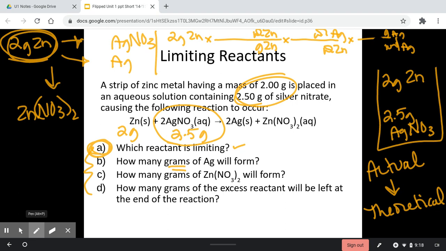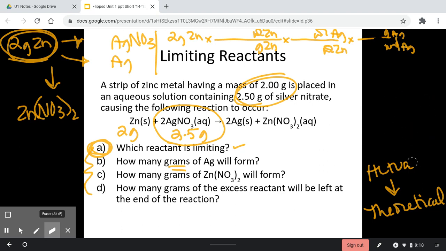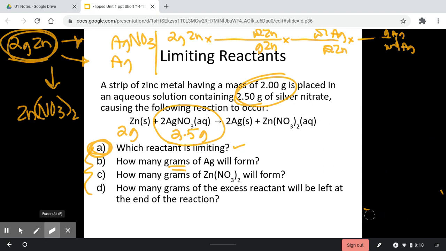That's really, really important. Okay, so now to figure out what reactant is limiting, you can do this a bunch of different ways. You can calculate from the amount of zinc you have into silver nitrate and compare the answers. You could go the opposite way, go from silver nitrate into zinc, and compare what you calculate to what you actually have. But the way that I like to do it is I like to take both of my reactants and calculate to one product.